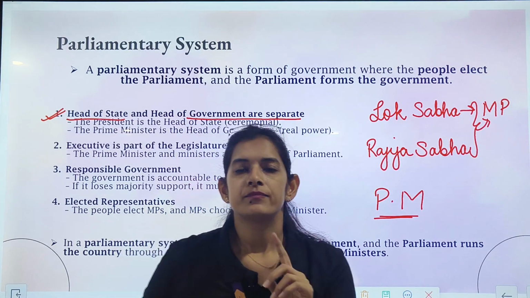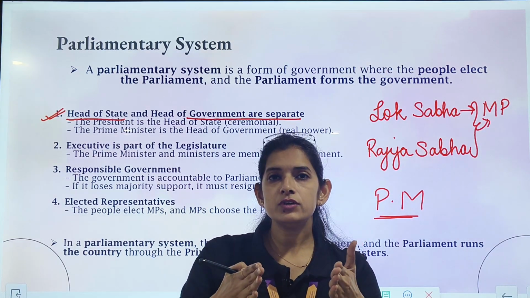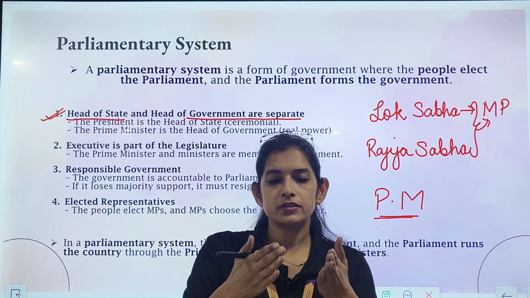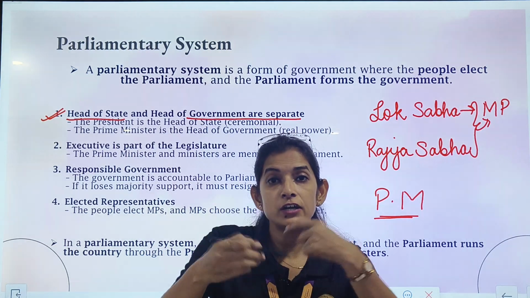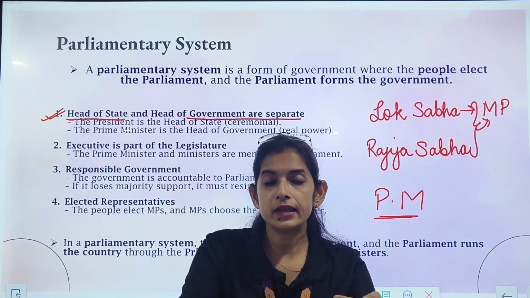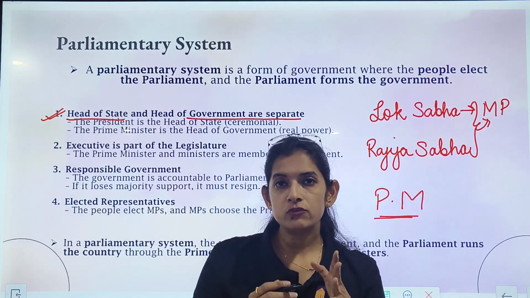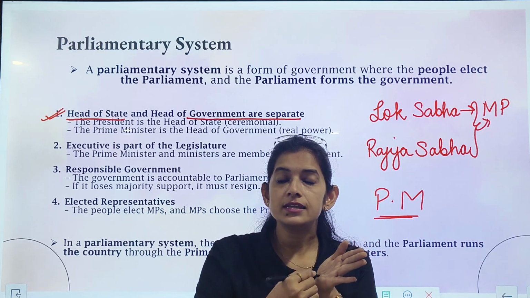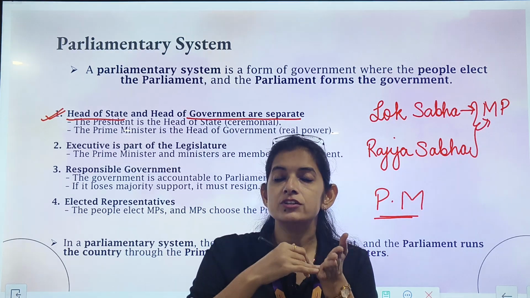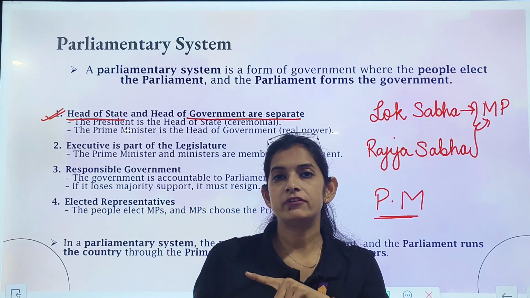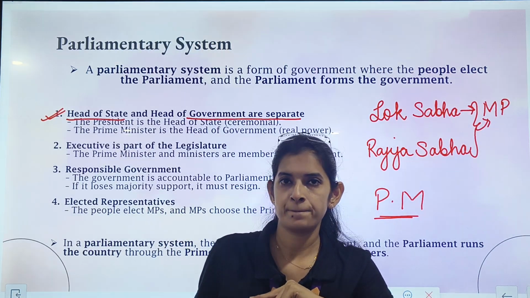See, whenever something has to be done in reality, in function, who would be doing that? The Prime Minister would be doing it. Clear? And whenever there is, let's say, some document which is to be signed or finalized, whom should it be referred to? The president. Clear?